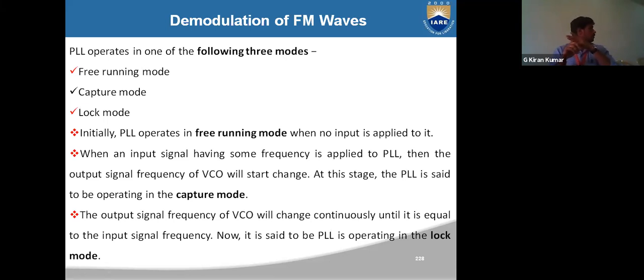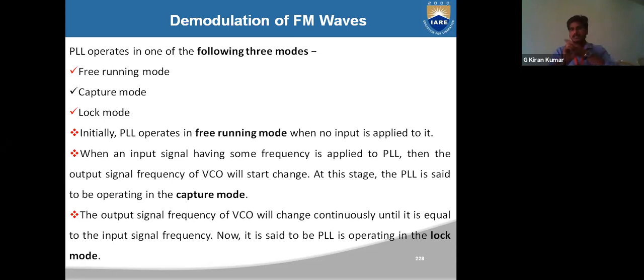We compare the phases of both the input and output signals. If both are equal, there is no phase error. Up to that time, the VCO output keeps changing.